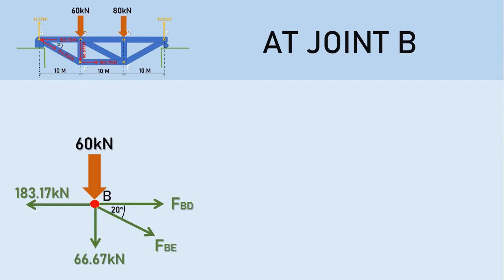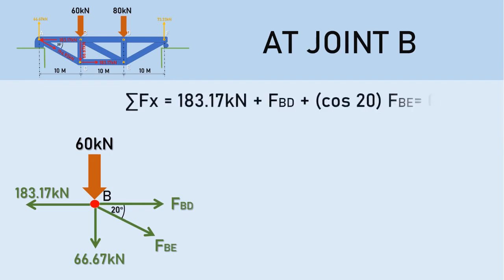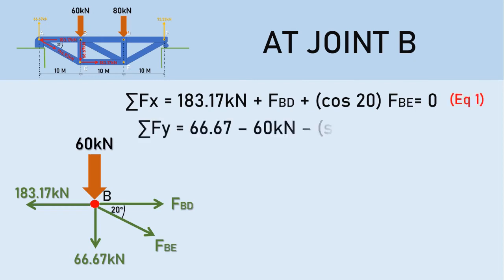For equation 1, we have summation of Fx is equal to 183.17 kilonewton plus FBD plus cosine 20 multiplied by FBE equals to 0. For equation 2, we have summation of Fy equals to 66.67 kilonewton minus 60 kilonewton minus sine 20 multiplied by FBE, which is also equal to 0.